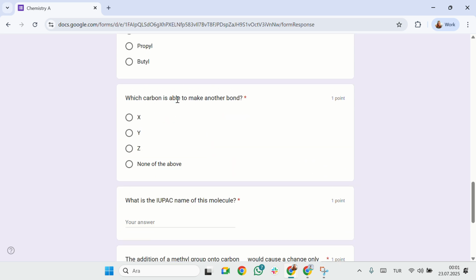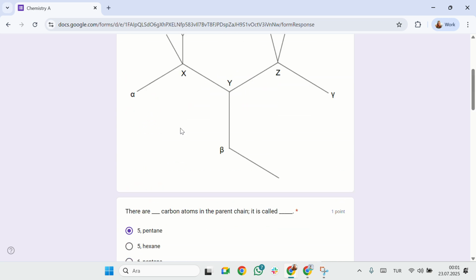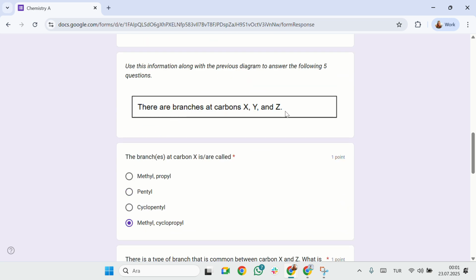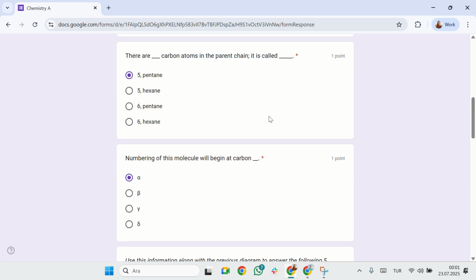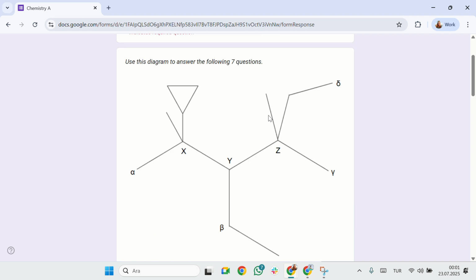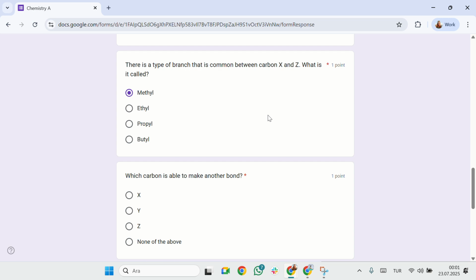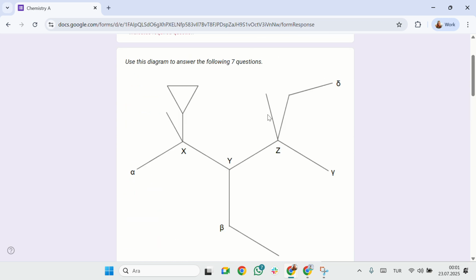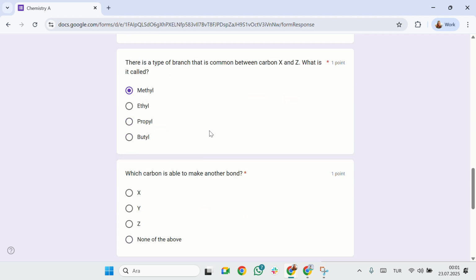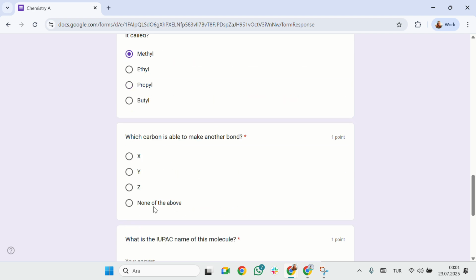Which carbon is able to make another bond? Branches. And one of the carbons is able to make another bond. Let me see. Which carbon? X, Y, Z, and none of the above.